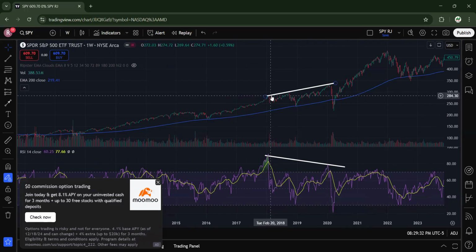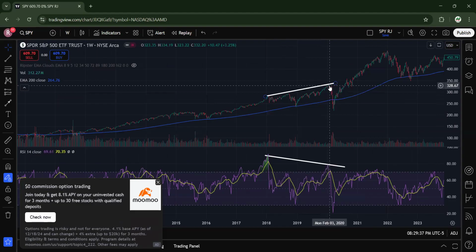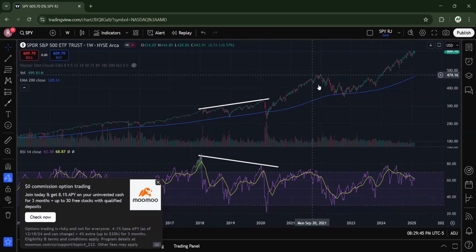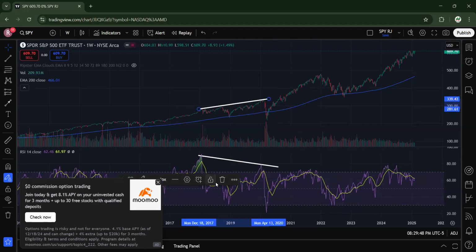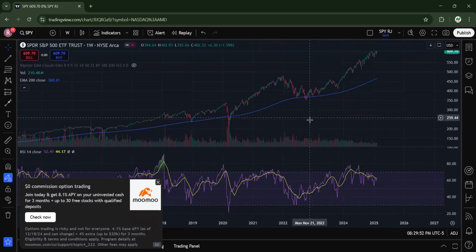Even here, how long did this have the bearish divergence? This is from 2018, and this didn't fall all the way to 2020. So you would have been waiting 2 years for this bearish divergence to play out. Just think about that. Okay. So we ain't gonna spend a bunch of time on bearish divergence because it doesn't happen nearly as much. But I do want y'all to have that in your back pocket.